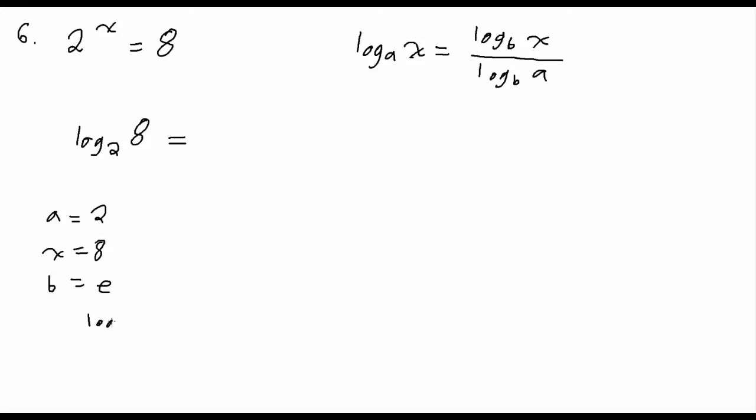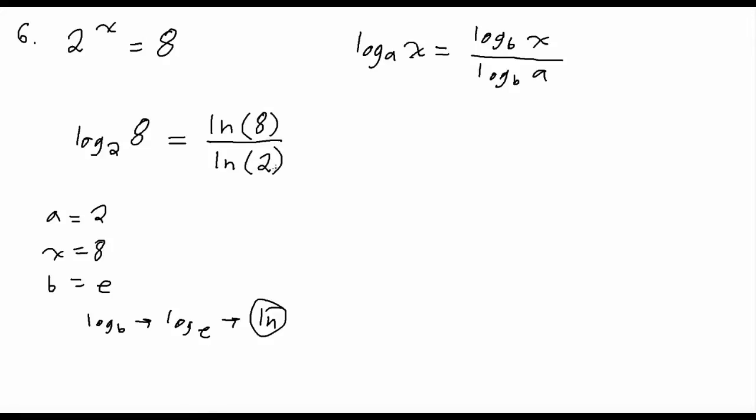So if log base b is, for this problem, log base e, log base e is the same as the natural log of something. And we have the natural log on our calculator. So if we set this equal to the natural log of 8 over the natural log of 2, that's something we can plug into my calculator.